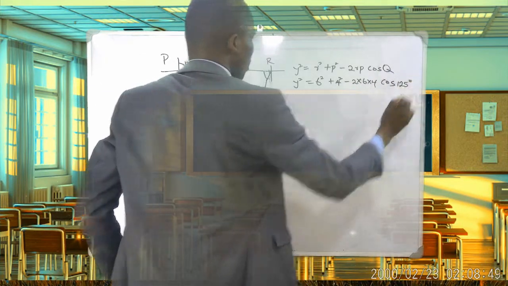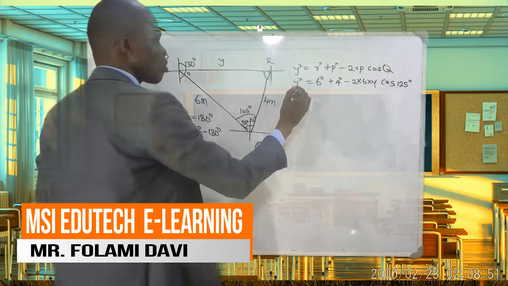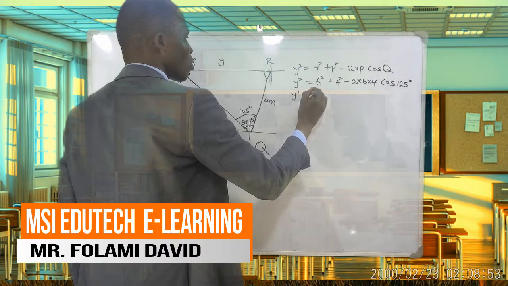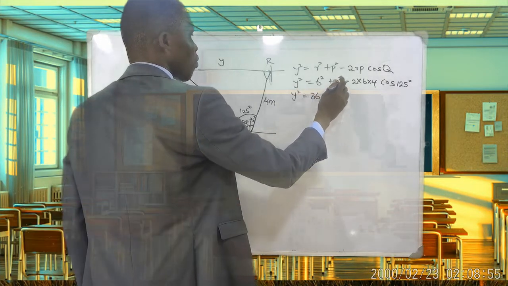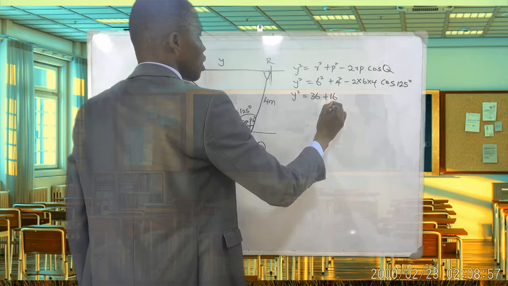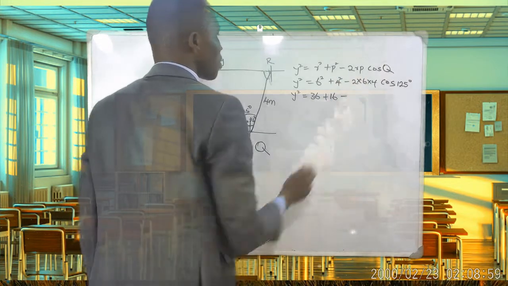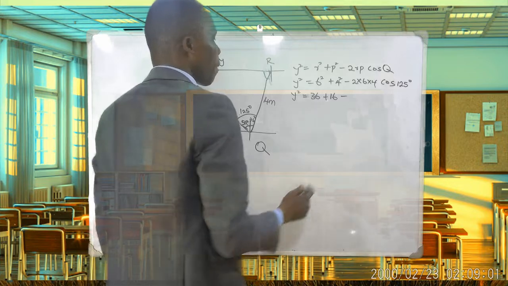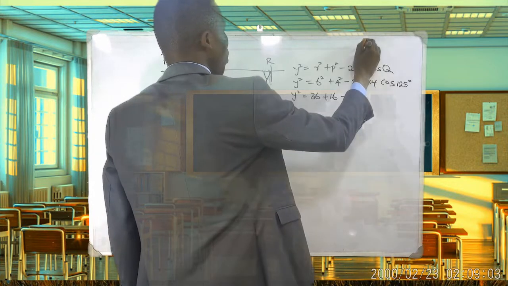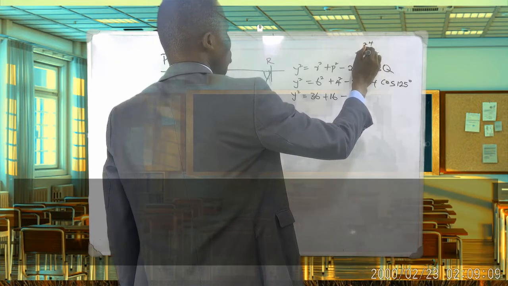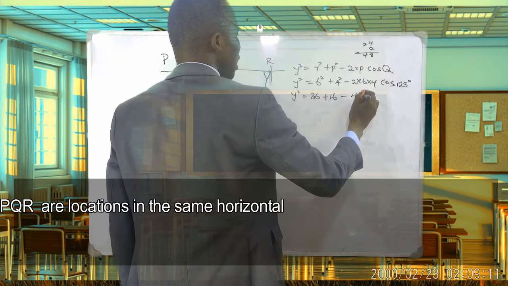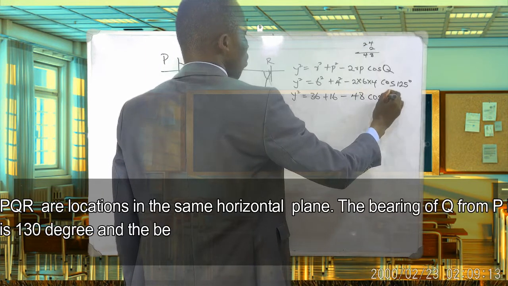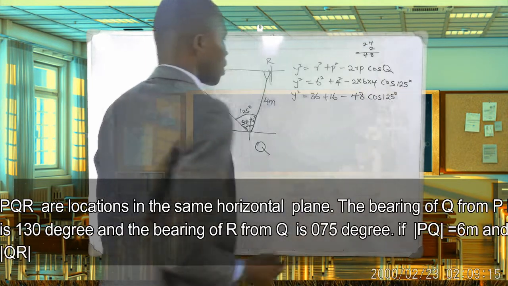125 degrees. Now this will give us y squared equals 36 plus 4 times 4, 16, minus 2 times 6 times 4, 24, and 24 times 2 will give us 48, cos 125 degrees.